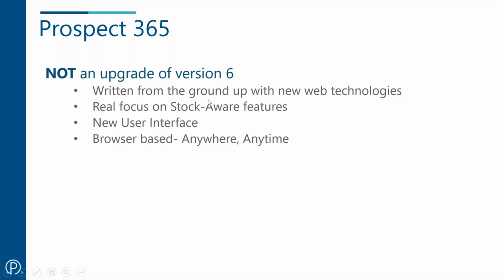There's a new user interface, which is accessed via a browser, so you can access it anytime, anywhere. It's hosted on Microsoft Azure, again bringing into how we have used new web technologies throughout the database, leaving the legacy features behind in version 6.